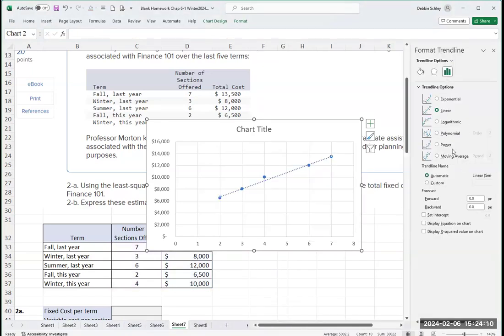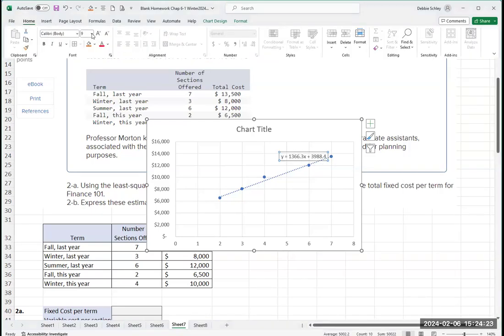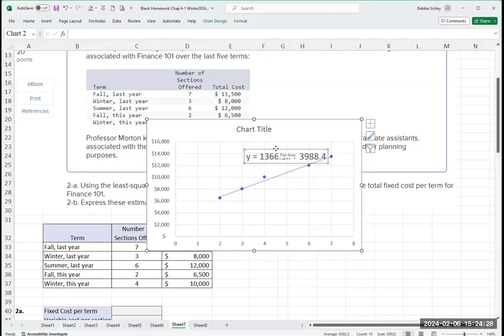Make sure it's linear. And the second from the bottom is display the equation on the chart. And again, I'm old, so I'm going to increase my font size so I can see what my equation is.